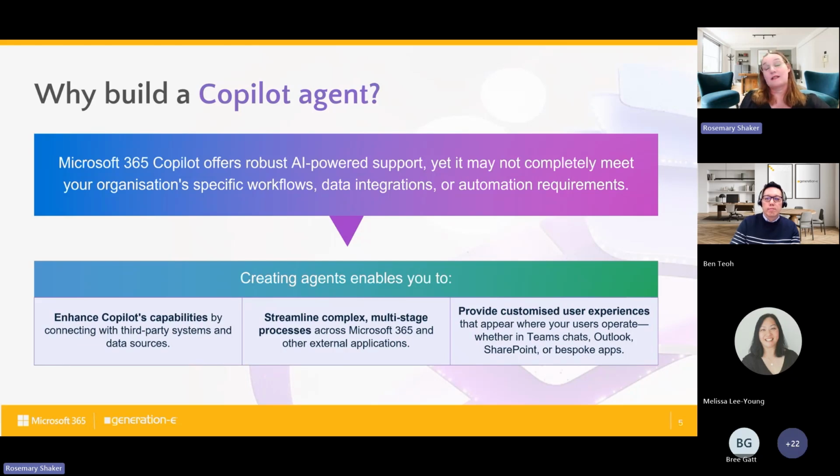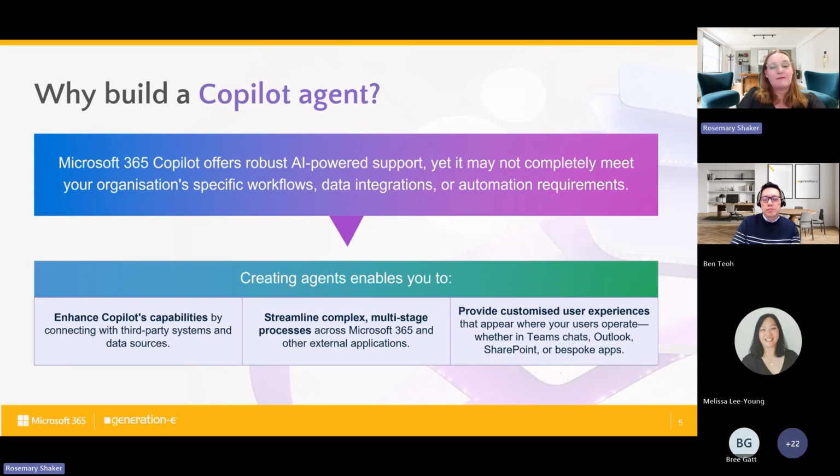So whether that's across the 365 suite or again with some of those external applications. And it can also help tailor that user experience as well. So we can create our agents and have that tailored experience embedded into our Teams chats, into our Outlook, into our SharePoints. So again, our users can stay in the flow of their work, but creating with this more specific use of Copilot in the agents that we create.